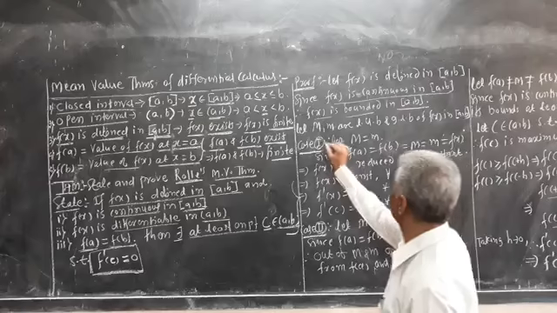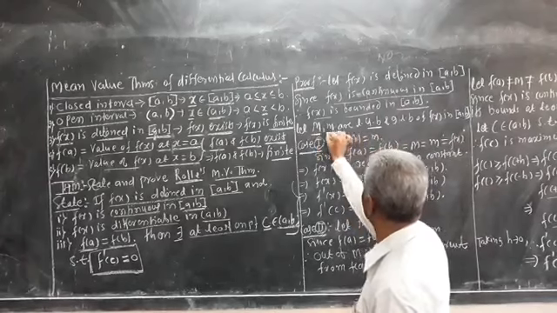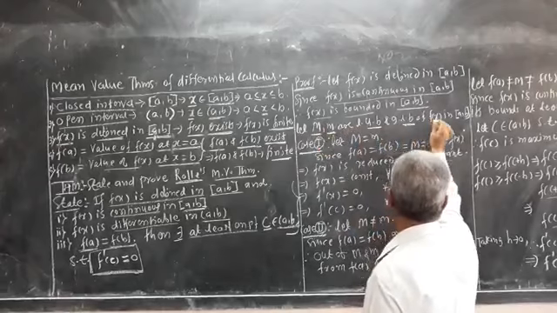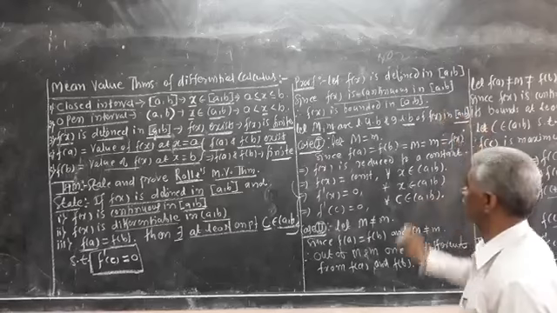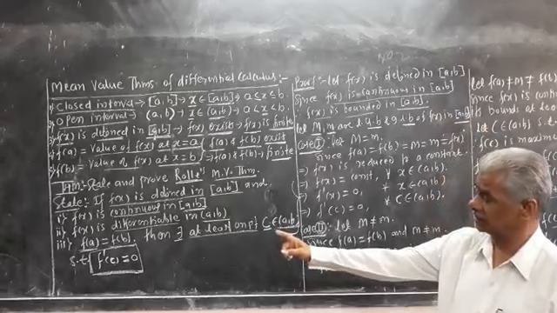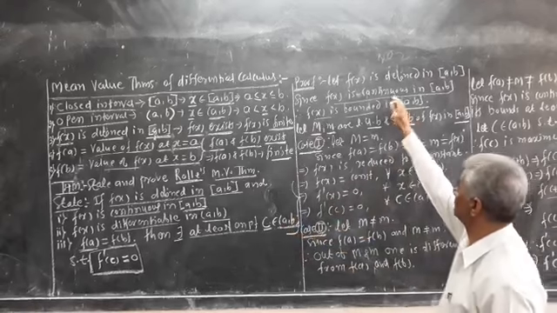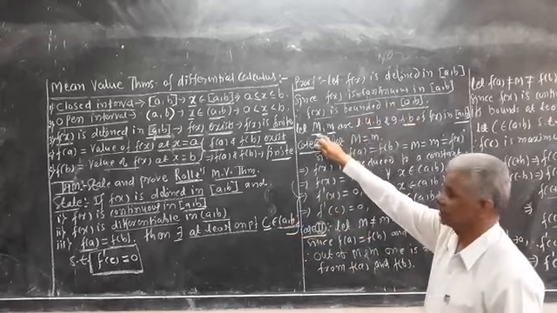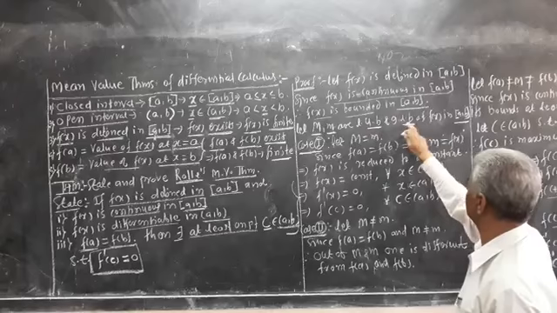Suppose that capital M is the upper bound and small m is the lower bound of the function f of x in the interval AB. According to the first given condition, f of x is continuous, and hence it is bounded, so capital M is the upper bound and small m is the lower bound.